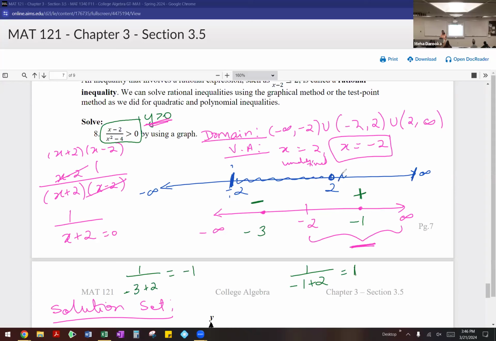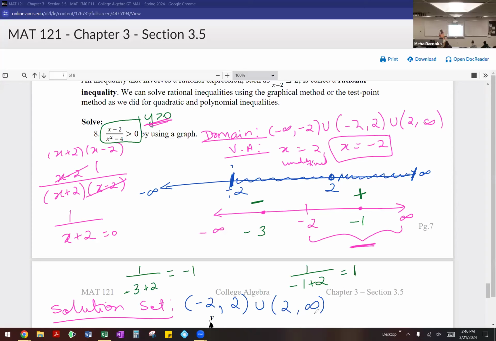So I can only go from one side of the 2 to the other. The notation would be not including -2, going to 2, obviously not including that, and then you pick right back up from the other side, union 2 to infinity.